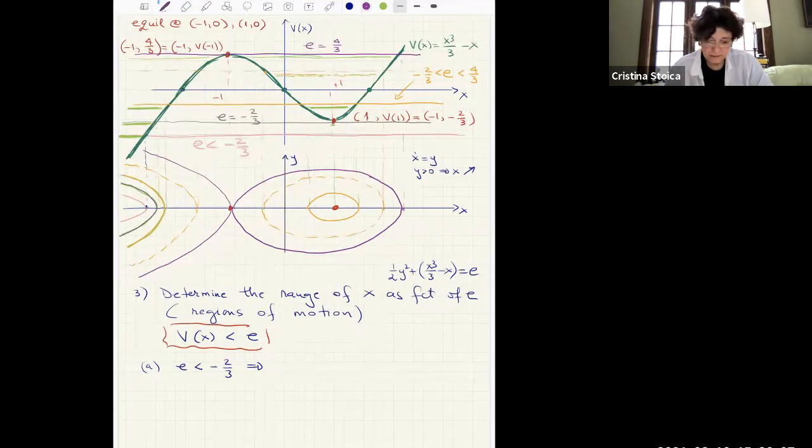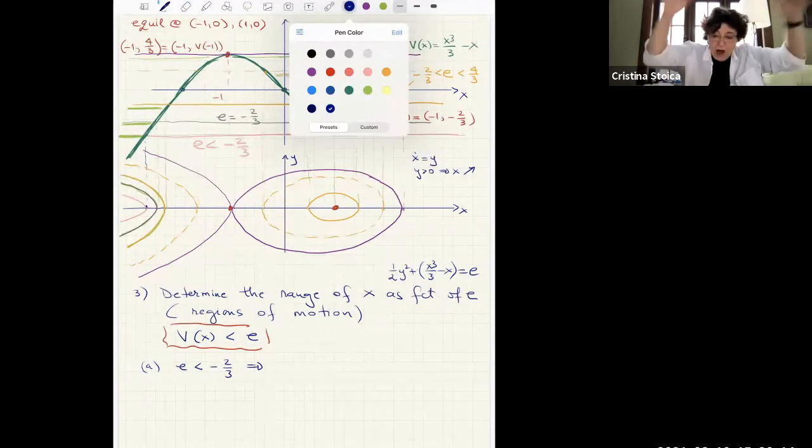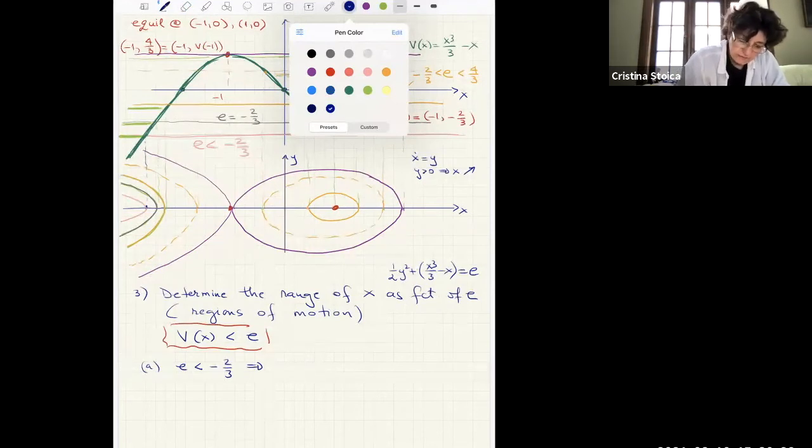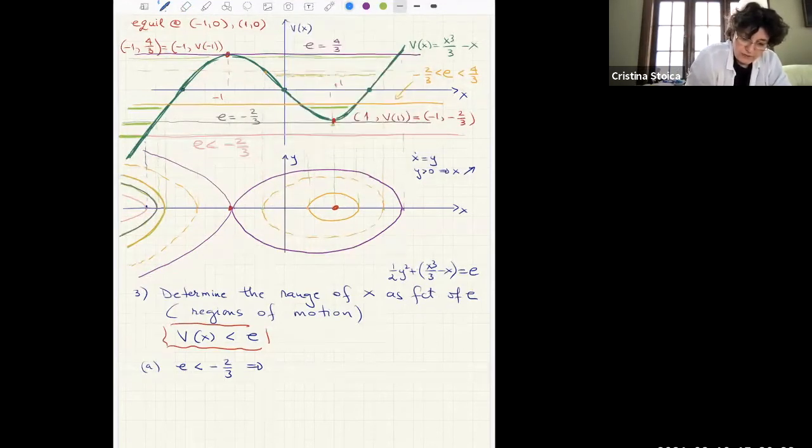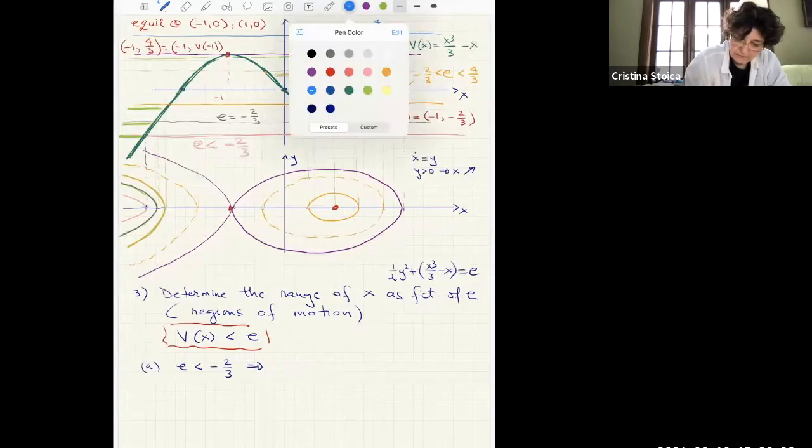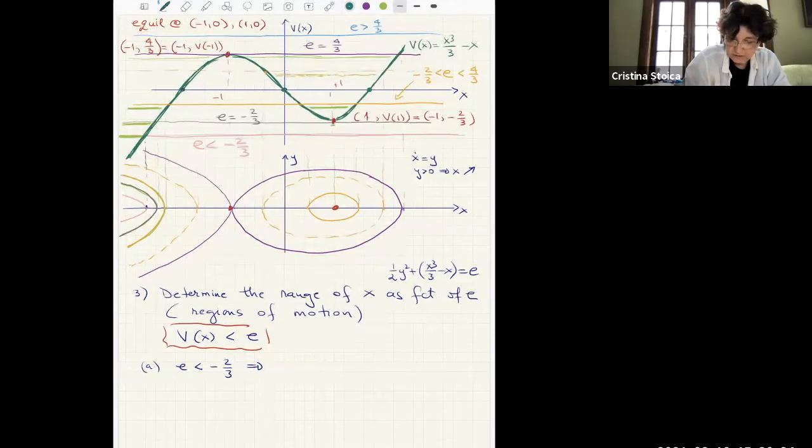And then finally, we have one more level of energy that is above everything. So there's like high energy. Okay. All right. So what color should I do? Little blue. So here is E to be above everything. Well, of course, the potential keeps going up. It's not like it died. All right.